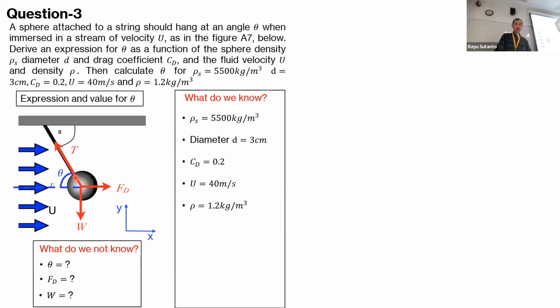We have another version for theta as a function of sphere density. We have the density of the sphere, rho s, the diameter, the drag coefficient, CD, and the fluid velocity and density. The density here is the density of the fluid. We have two densities: this is the solid and this is the density of the fluid. We need to calculate theta when we define the density of the sphere and so on.